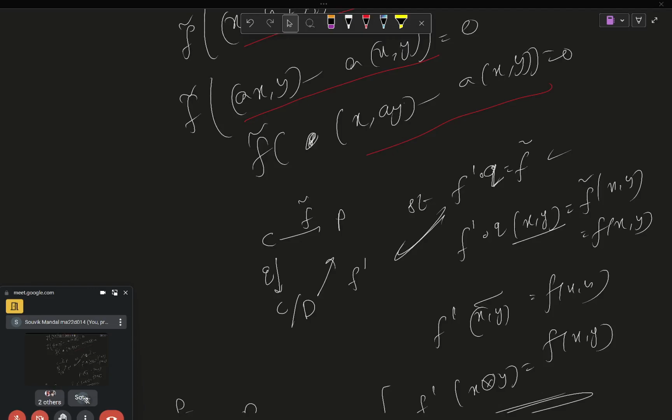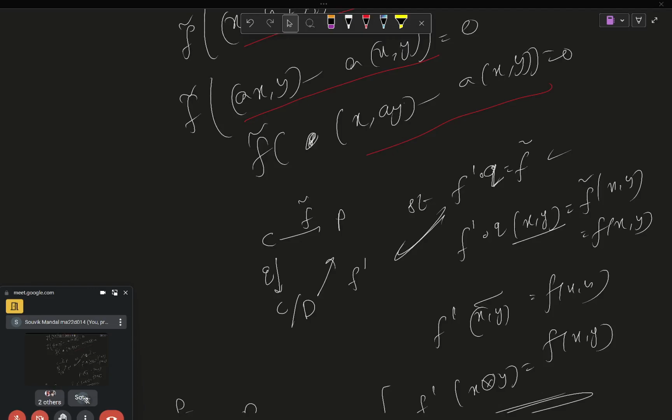Do you sit for examination for this algebra one by the end of this October? Yeah, I have taken the exam. Which class do you read? I am master's first semester.